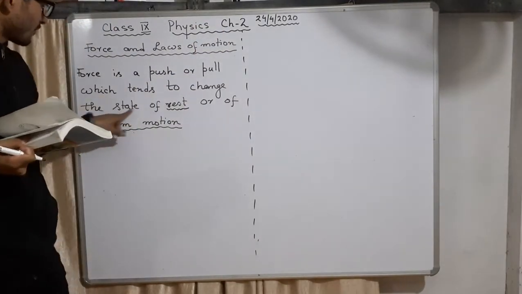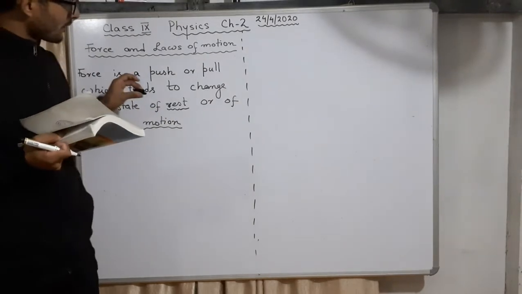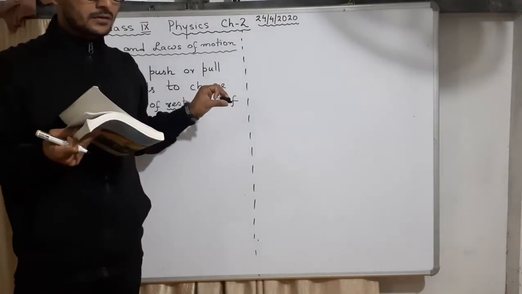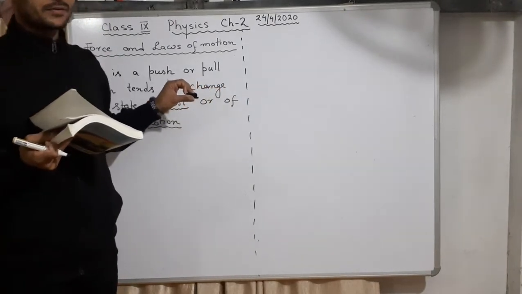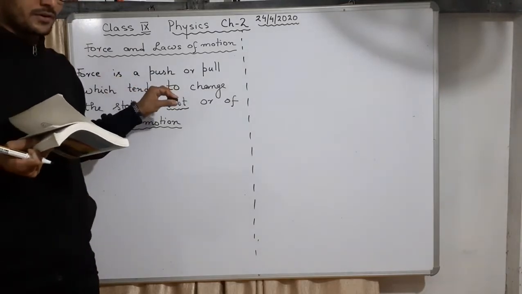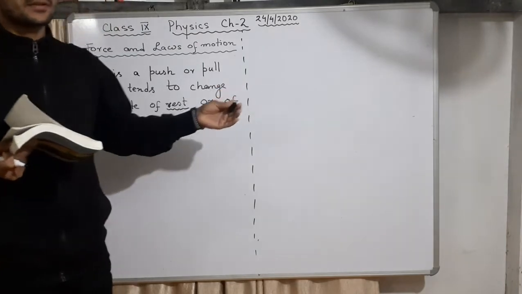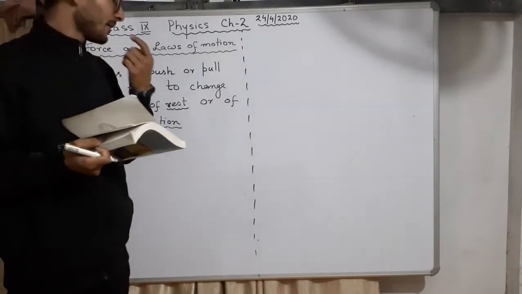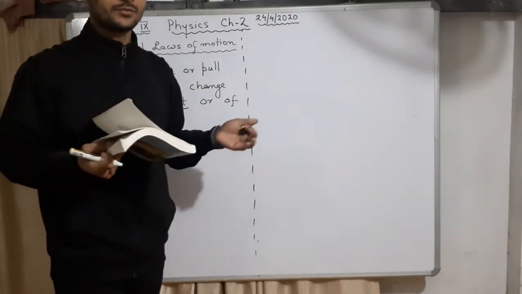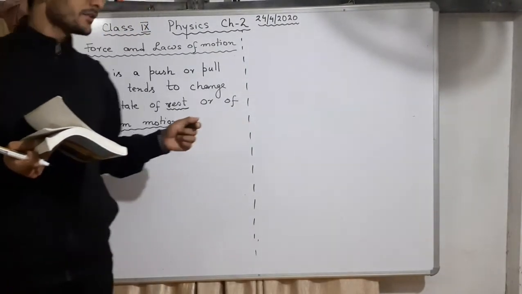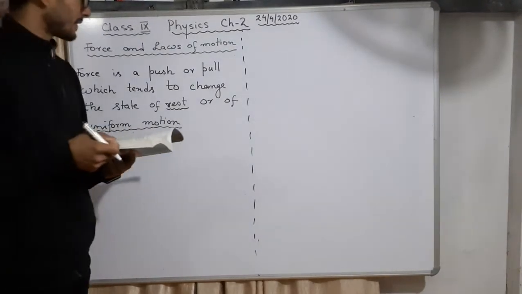Or it may happen that something is uniformly moving, that means it is covering the same distance in every interval of time: 5 minutes 10 kilometers, another 5 minutes 10 kilometers, like that. Then if I apply the force, that way of moving changes. It will continue to move, but it will change the uniform motion. These are the two ways of understanding force.